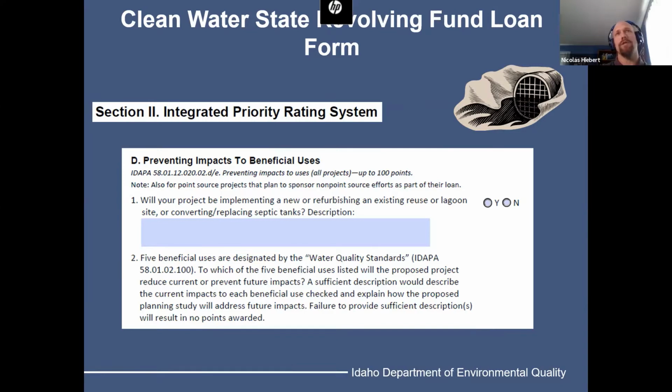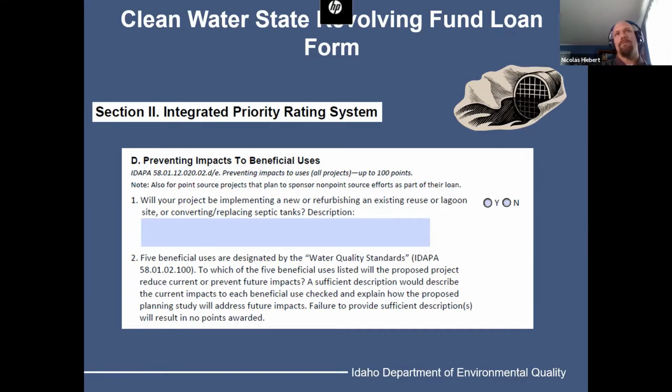The first question really is meant to be what I consider a super incentivizer for reuse, lagoon, or converting and replacing old septic tanks. This is something that has been identified as an issue statewide, and we really want to be able to help folks or prioritize projects that are bringing forward reuse, lagoon, or septic tank projects.